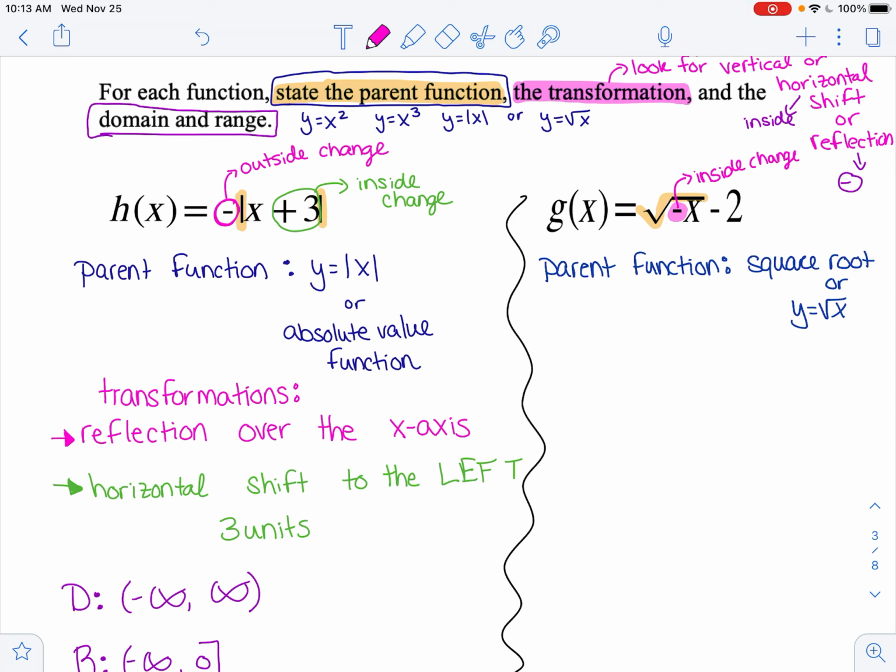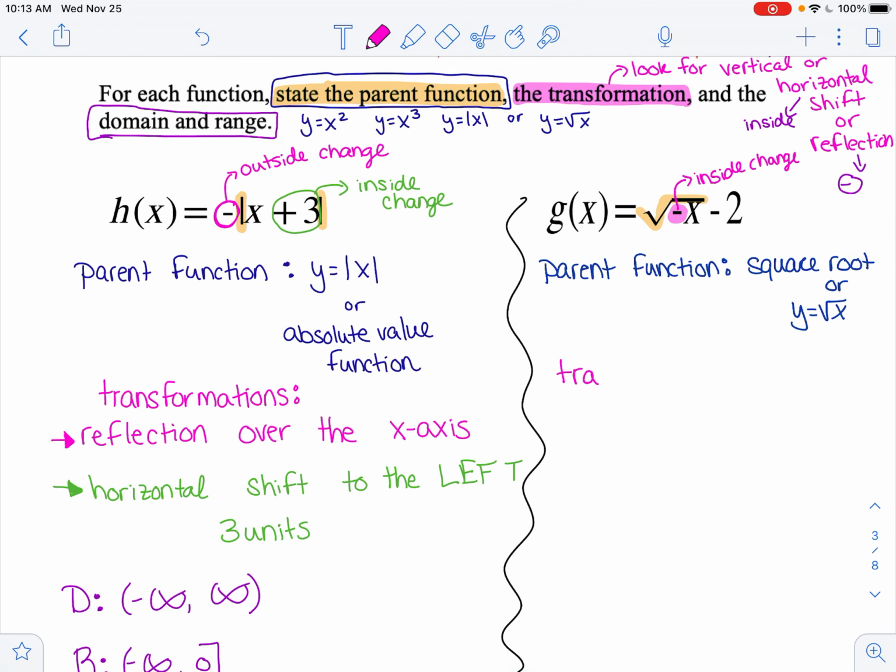If it's a negative on the inside, it's affecting the x values and it's going to do the opposite. So this is going to be a reflection over the y-axis. I'm going to go from positive x's to negative x's, so I'm flipping over the y-axis.